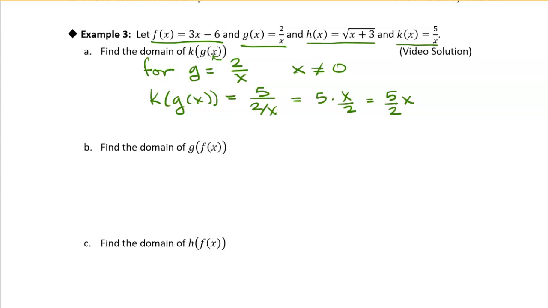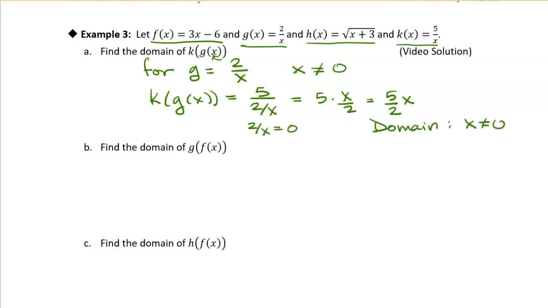Essentially, 2 over x cannot be equal to 0, which doesn't happen anyway, so we're fine with that one. The end result is that the domain of this composition is x is not equal to 0.